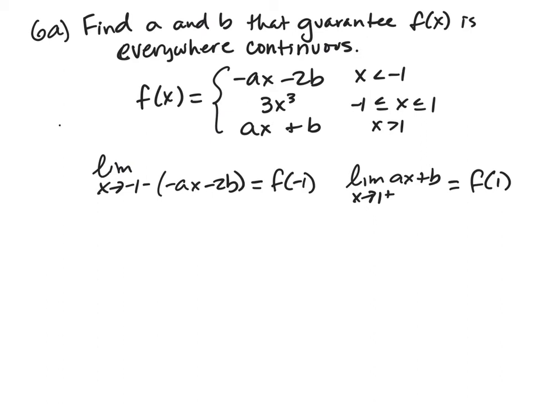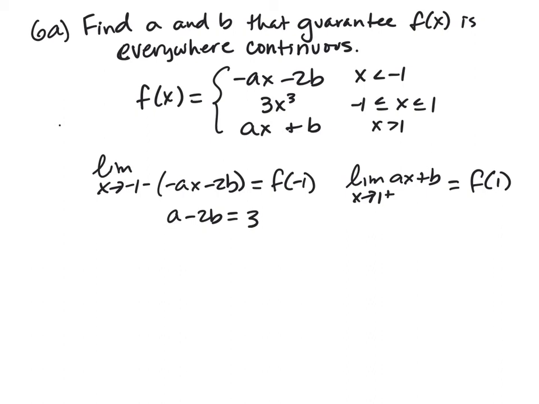So the limit of negative ax minus 2b as x approaches negative 1 from the left. Where I see an x, I'm going to replace that with negative 1. Negative 1 times negative a would give us positive a minus 2b, and I need that equal to f of negative 1. So if I go to my function, and when x is equal to negative 1, I want to use this part of the function definition, and 3 times 1 cubed would be equal to 3.